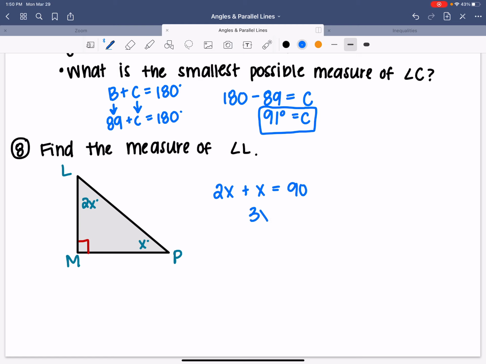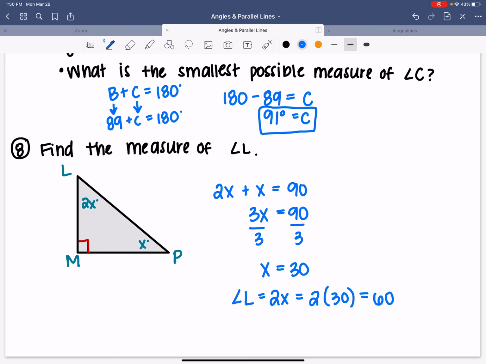Well, that gives us 3x equals 90, and divide by 3 on both sides. So x is 30, but we can't stop there. We want to know what is the measure of angle L. So angle L is 2x, which would be 2 times 30, which is 60.